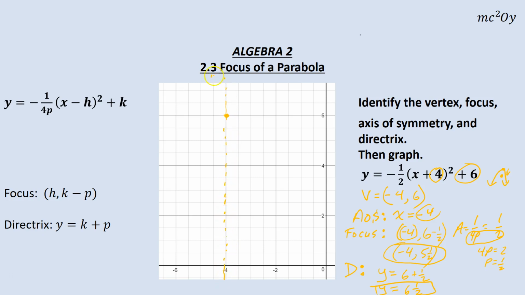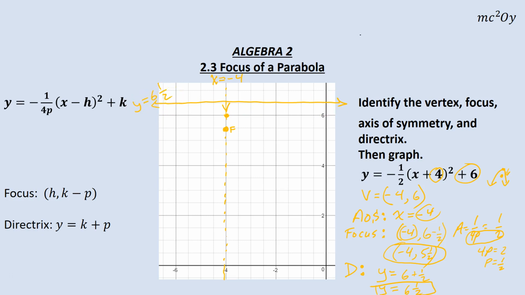And the focus, (negative 4, 5.5). Looks like 5.5 will be right there. There's our focus. We'll label that as our vertex. Okay, and our directrix is at 6.5. That would be right here. And that's y equals 6.5.